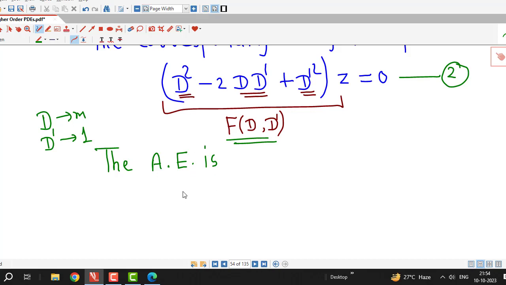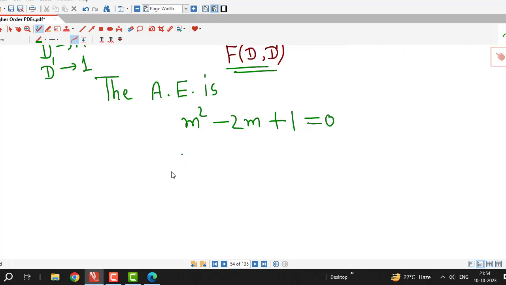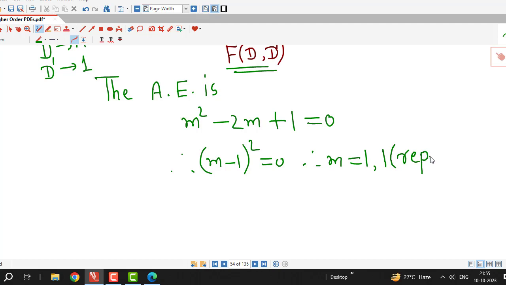So here I replace D by m, that is m squared, minus 2 times m, D' by 1 plus D' squared, so this is also 1: m squared minus 2m plus 1 equal to 0, and this I can rewrite as (m minus 1) whole squared equal to 0, and from this I obtain two values of m and they are equal, so we have the case of repeated and real roots.